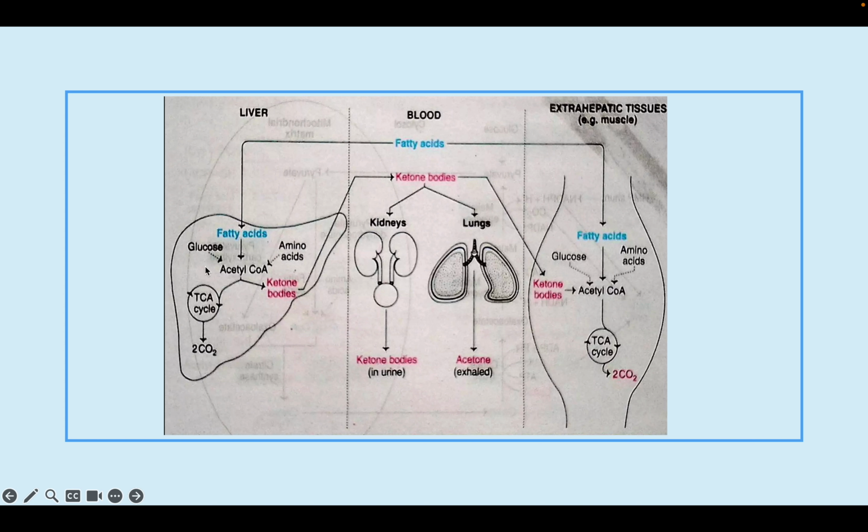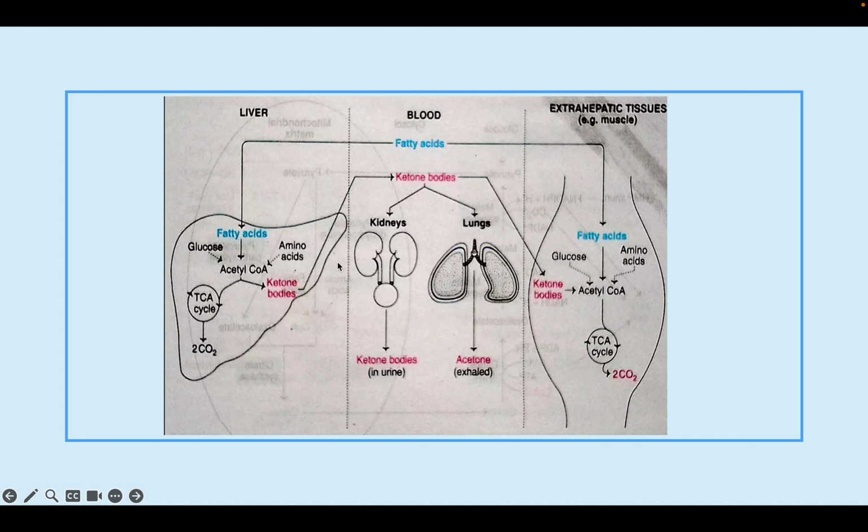And then this acetyl coenzyme A can either feed the TCA cycle, release CO2 and give 36 molecules of ATP, or, in case of starvation condition, when the body needs energy, it gets converted to ketone bodies.